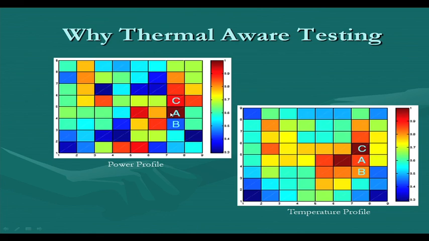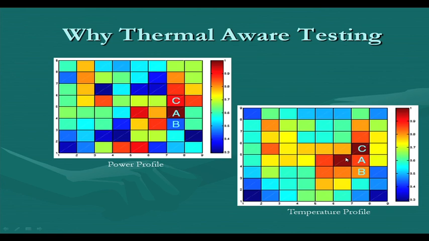So, this is what we are looking for. A power reduction technique, or a peak power reduction technique, will try to reduce the activity in the circuit so that block A does not see much activity. But a thermal-aware strategy should try to reduce the activities for C, so that the temperature of C is not that much affected.